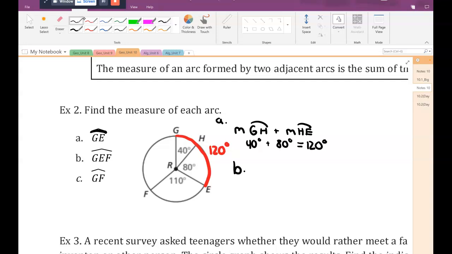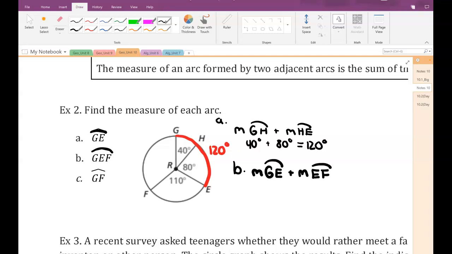Example B, we're asked to find GEF. Again, G and F are our endpoints, G and then E is somewhere in the middle. So we go G to E to F. Essentially we're taking this red piece and then adding on arc FE as well. If we want to put that into notation, we could say the measurement of arc GE plus the measurement of arc EF.